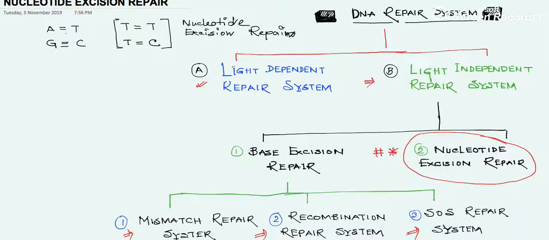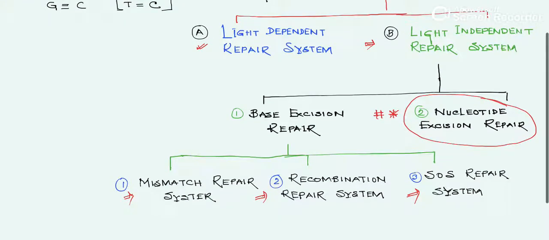Firstly, I want to discuss this matter, then I will show you what we will be going through. Nucleotide excision repair is nothing but a kind of repair system that removes thymine dimers.